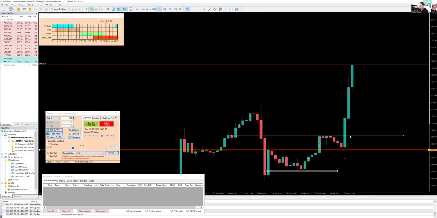For me, these moves don't matter at all, because sometimes while you're waiting for a move, it doesn't come, and if the move does happen, you think, I've missed the trade. But if you're missing the trade at a time when you should not be trading, that's totally fine, because this happened after my time of trade.